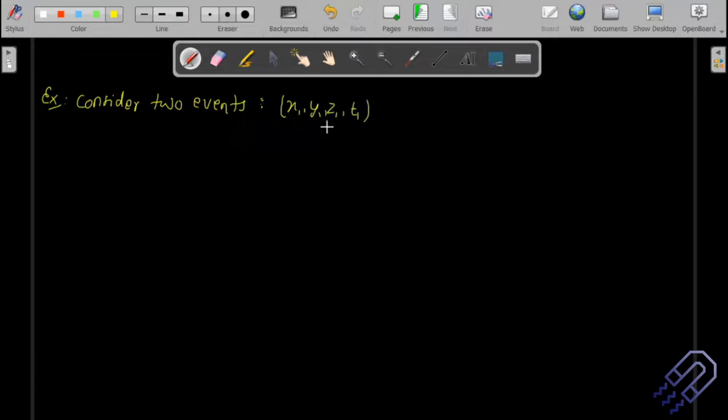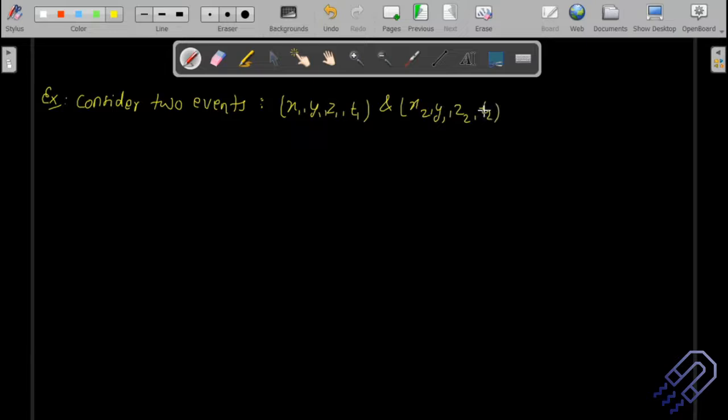So you have got a frame of reference where there are two events happening. Okay, it's not that just one event. We have got two different points where there are two events happening. Maybe there are two light bulbs which starts flashing. Okay, so that's there. And the second one would be at the point, let's say x2, y2, z2, t2.